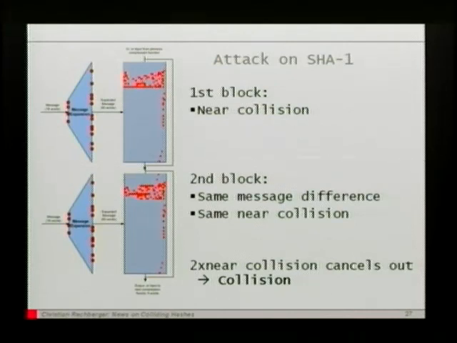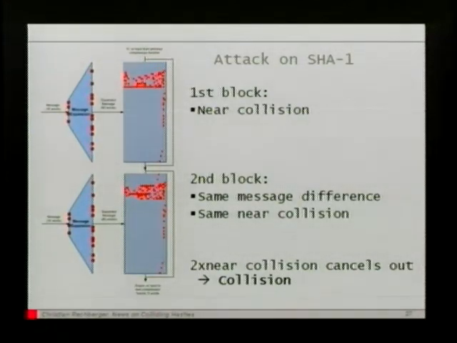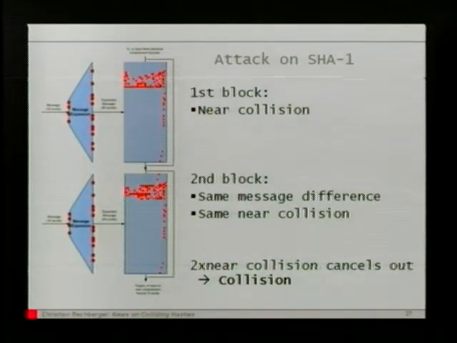So that's the picture from before. The first block, we have a small number of red dots in the end. It's not a collision, but it's a near collision. The hash values only differ in a few bits. But what you can do now is to have a second block, with the same message difference. In the beginning, a slightly different sequence of differences, but then the same sequence.